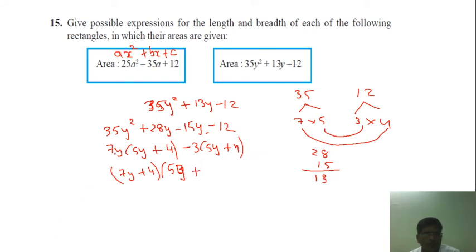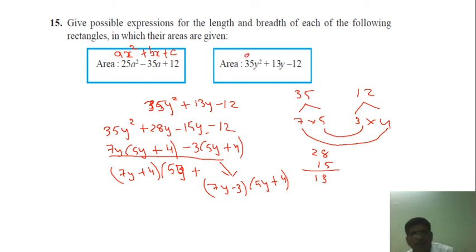What we have to write is directly that 7y minus 3 and 5y plus 4. So it's a quadratic equation. We again do a into c. So 35 into 12 is 420. Factor of 420 is 28 into 15.